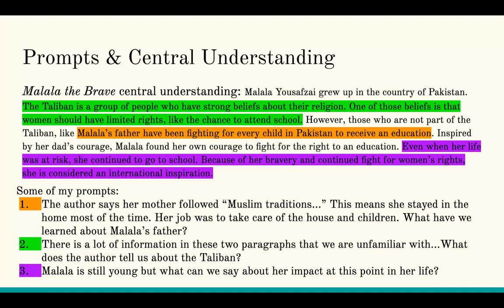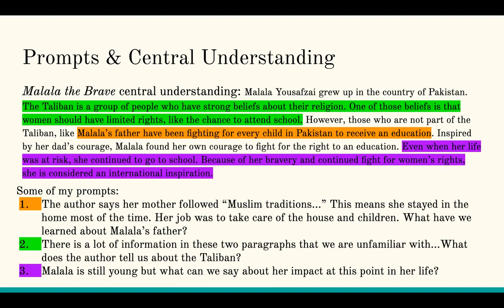So there is an emphasis on education and its importance in Malala's family from when she was first born and as she grew up. Okay, so you can see that prompt is building towards the central understanding.